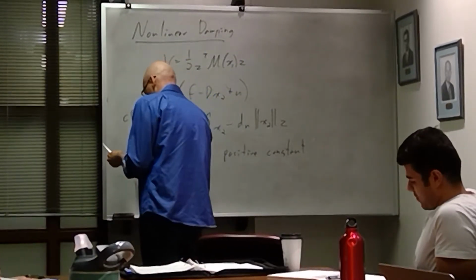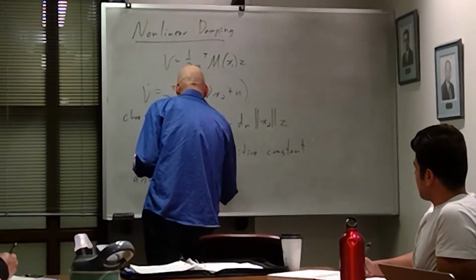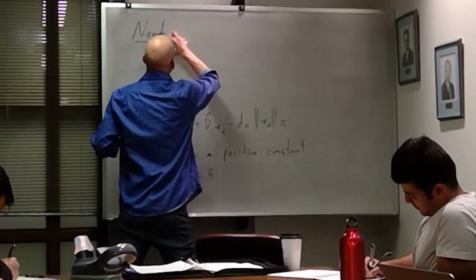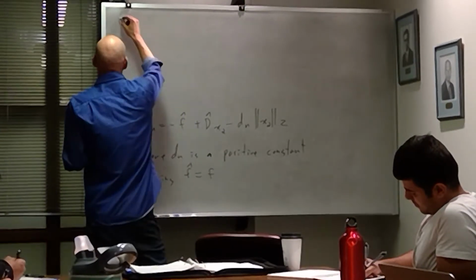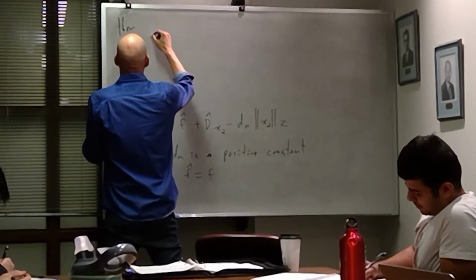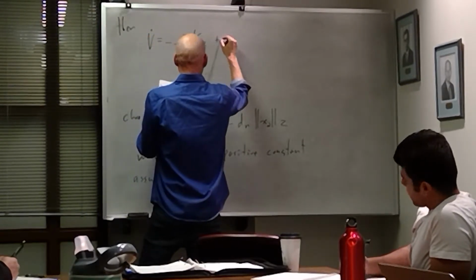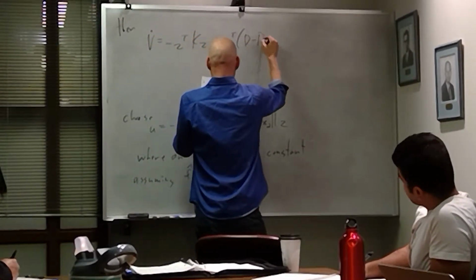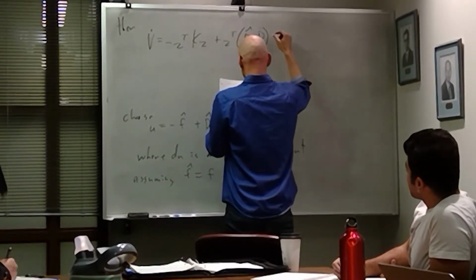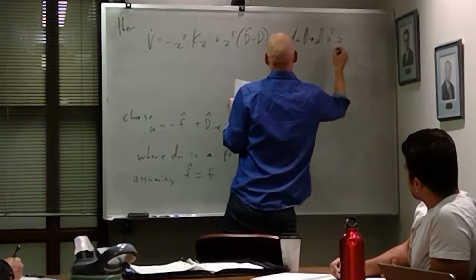So then I get, again, let's just assume f hat equals f. Then V dot is equal to negative z transpose Kz plus z transpose times d hat minus d, minus dn times the norm of x2 times z transpose z.